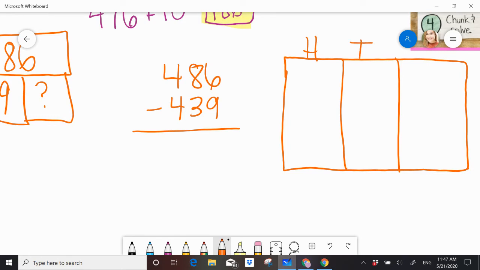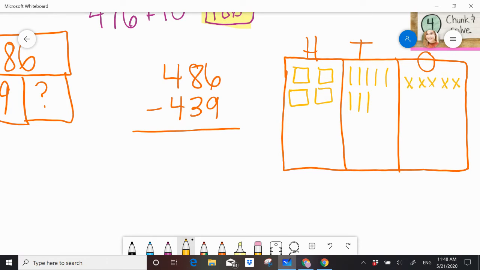Hundreds, tens, and ones. 480, 1, 2, 3, 4, 5, 6, 7, 8, 6. 1, 2, 3, 4, 5, 6. 486.